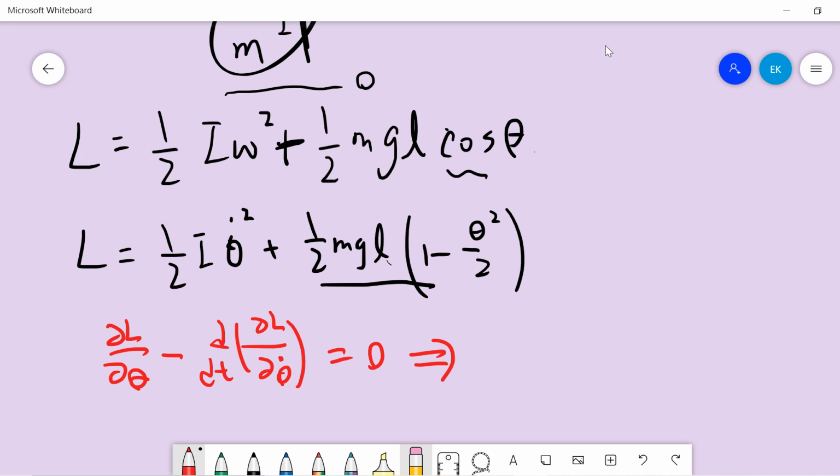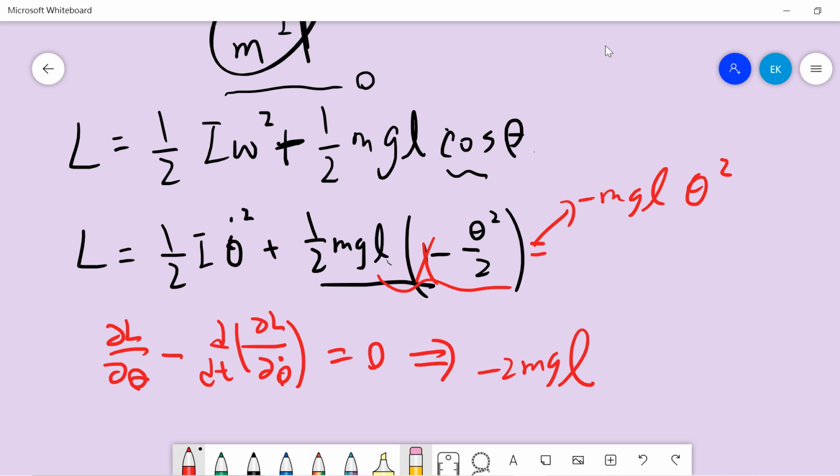This tells you that, neglecting the constant term, we have this minus mgl theta squared. So we have minus 2 mgl theta minus I theta dot, and d/dt. Oh, there's no half here. What am I writing?